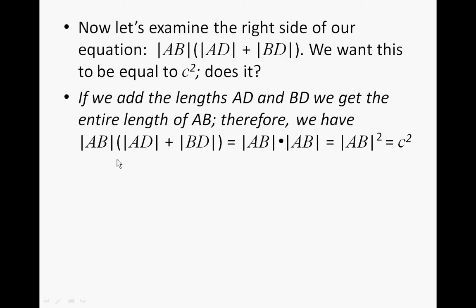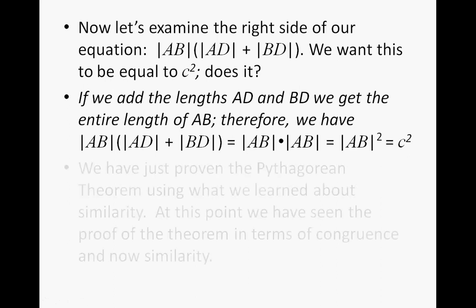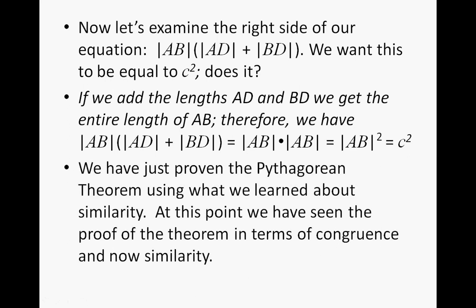Therefore, if we multiply this out, we have AB times AB, which is AB squared, and that is also our C squared. So we have just proven the Pythagorean theorem using what we learned about similarity. At this point, we have seen the proof of the theorem in terms of congruence and now in similarity.